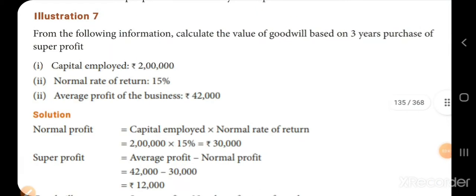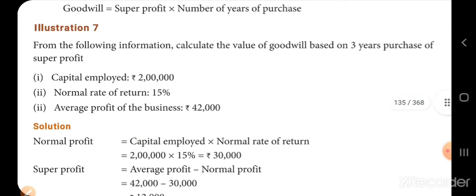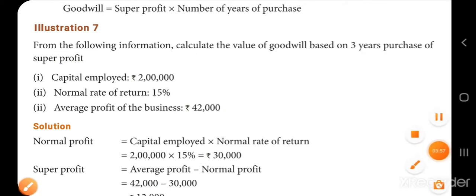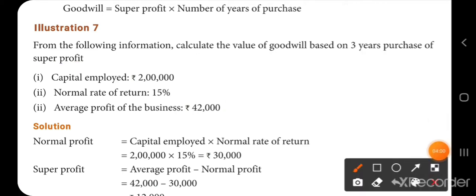Illustration 7. From the following information, calculate the value of goodwill based on 3 years purchase of super profits. Now capital employed is given, normal rate is given, average profit is given. Now what is the formula for goodwill under super profit? Goodwill is equal to super profit into number of years of purchase.